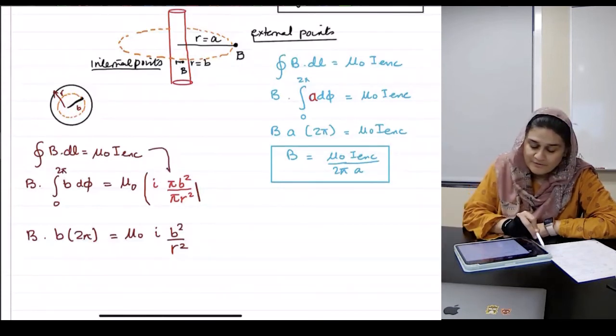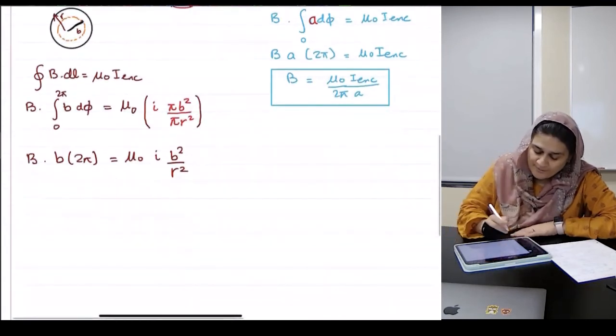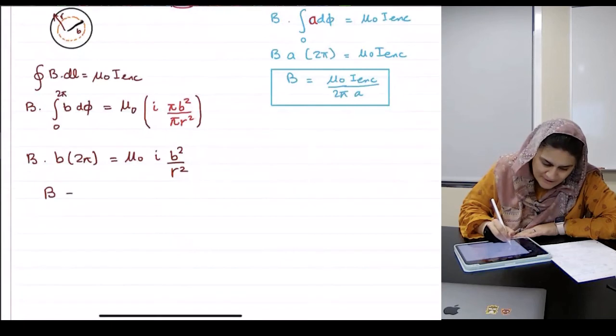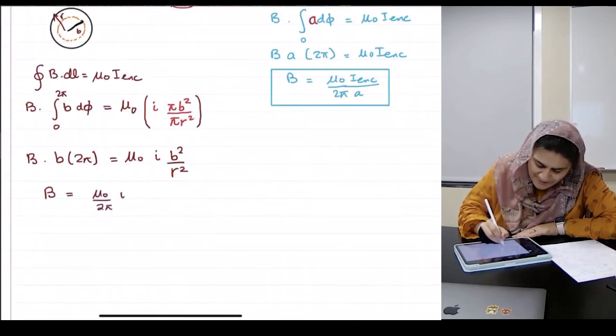Okay, just confirming. Or B will just be mu naught over 2 pi I B over R squared.